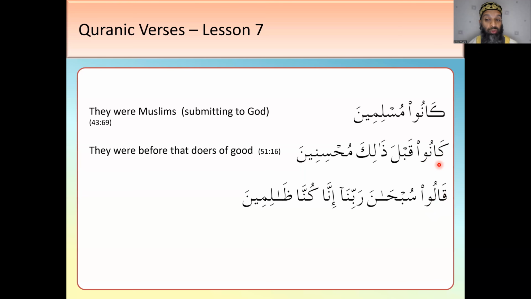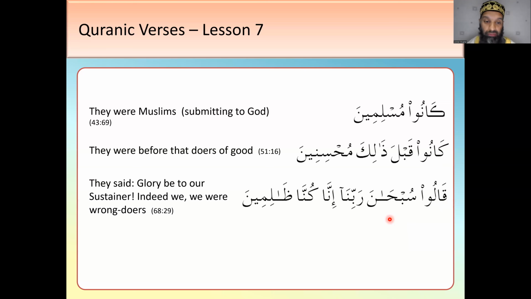If kanu means they all were, qalu is they all, and you just need to know what qala means. They all said. They all said subhana.